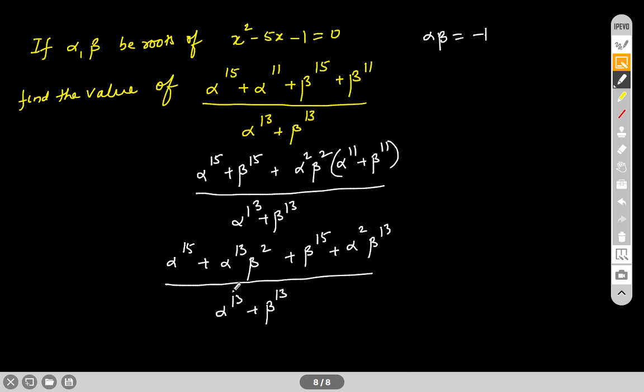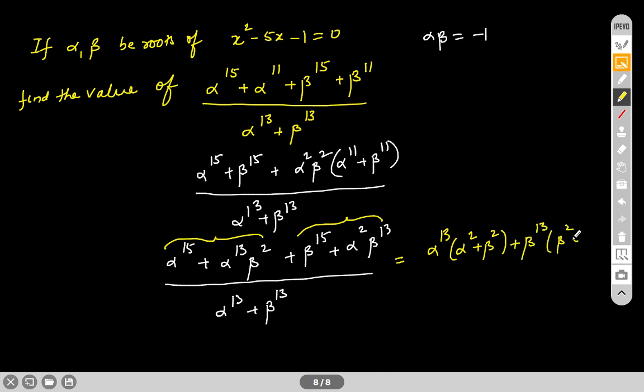Now from these two terms, and from these two terms, I'll take something common. So alpha to the power 13 you can take common, so alpha square plus beta square you'll get, and beta to the power 13 common, beta square plus alpha square.